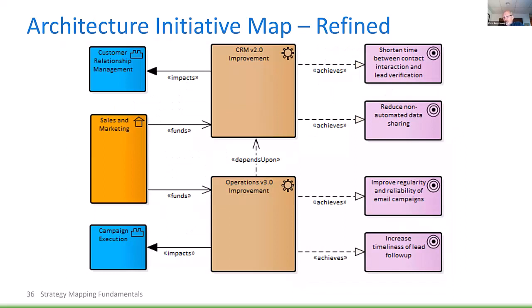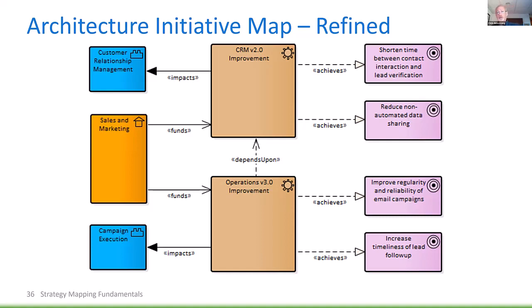It turns out that, in this case, when we started the initiative, we thought there was one initiative with 4 objectives. But as we started doing a little bit more research, we realized a big part of CRM improvement is going to be dependent on operations improvement. So this is actually the diagram where the arrow is backwards. The arrow depends upon should be pointing from CRM to operations.